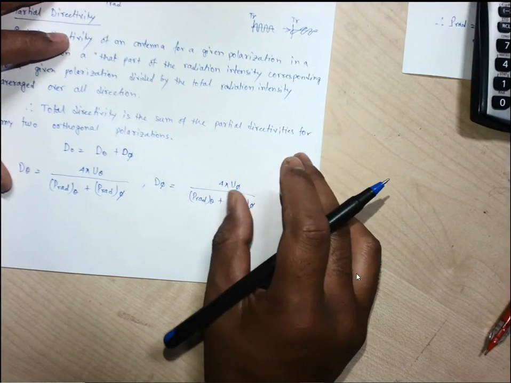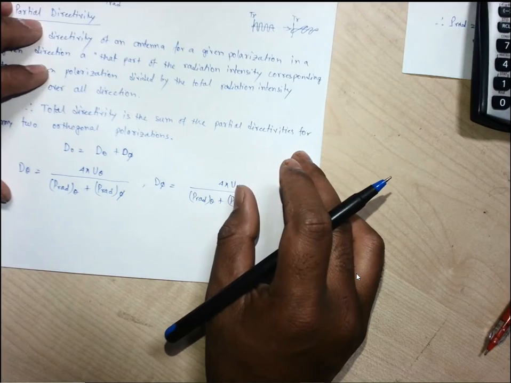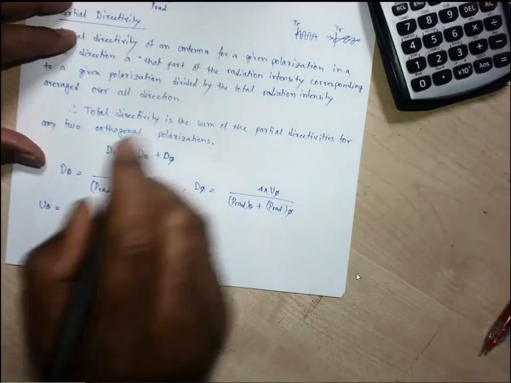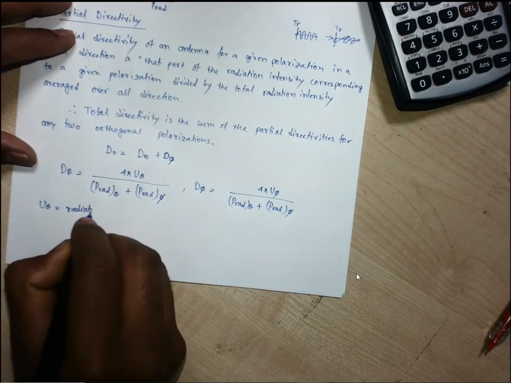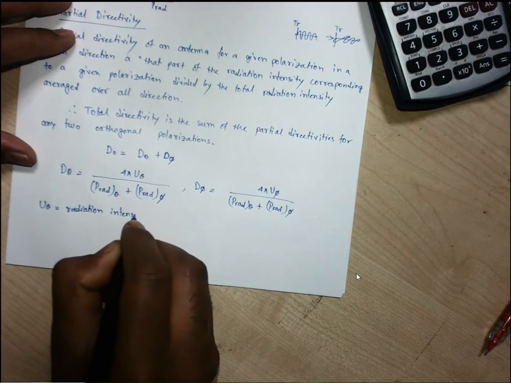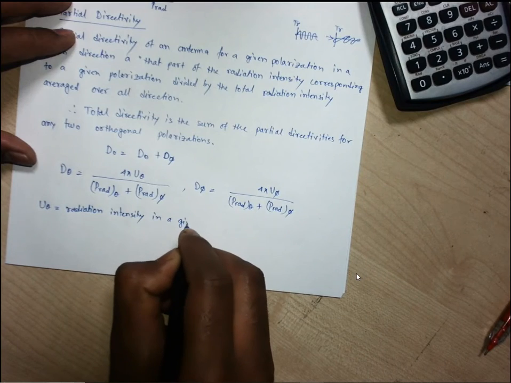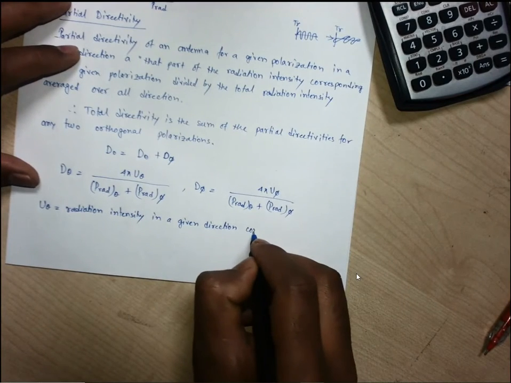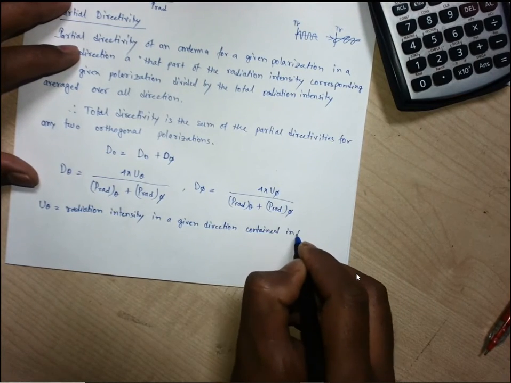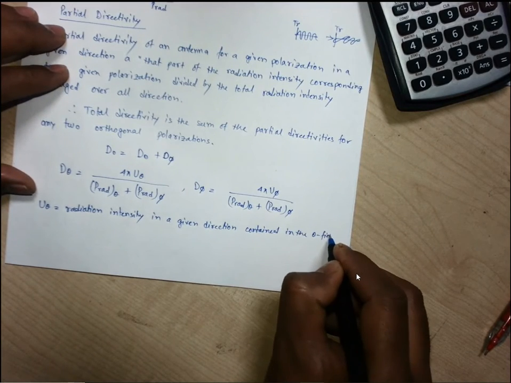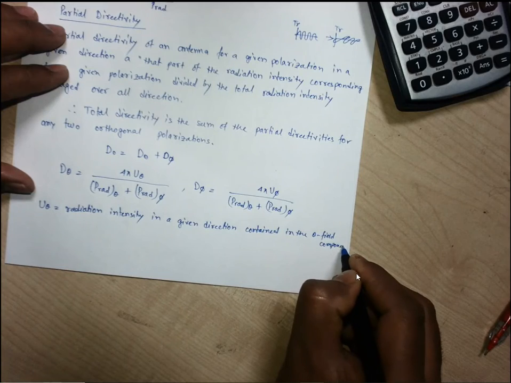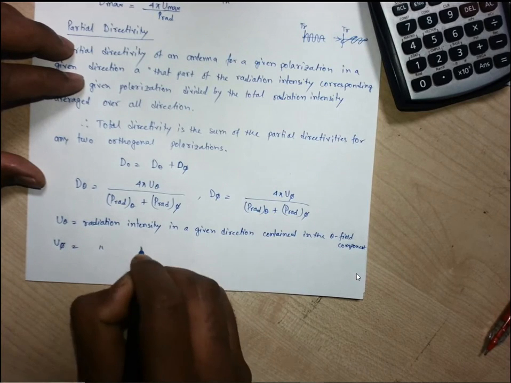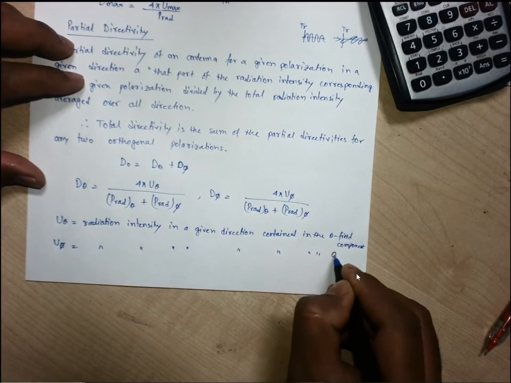So this U theta and U phi are the radiation intensity in a given direction contained in the theta field component. U theta is the radiation intensity in a given direction contained in the theta field component, and U phi is the radiation intensity in a given direction contained in the phi field component.